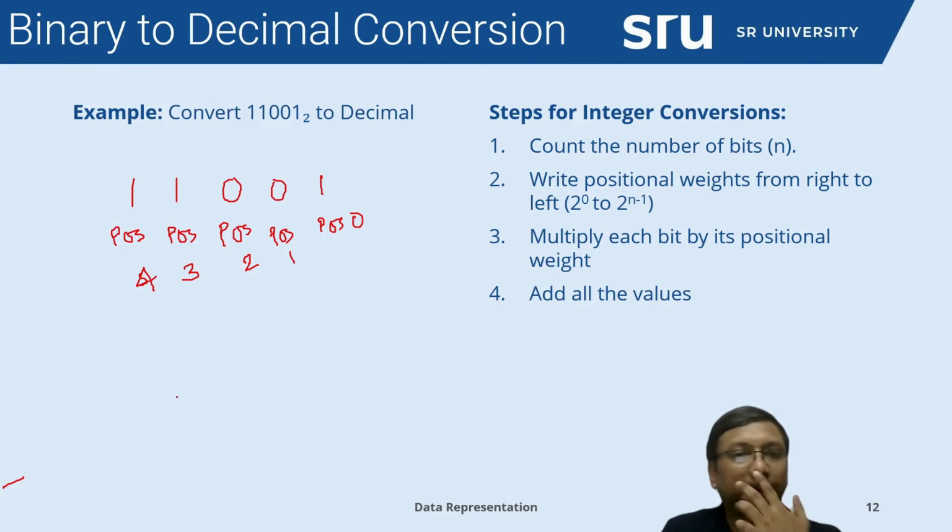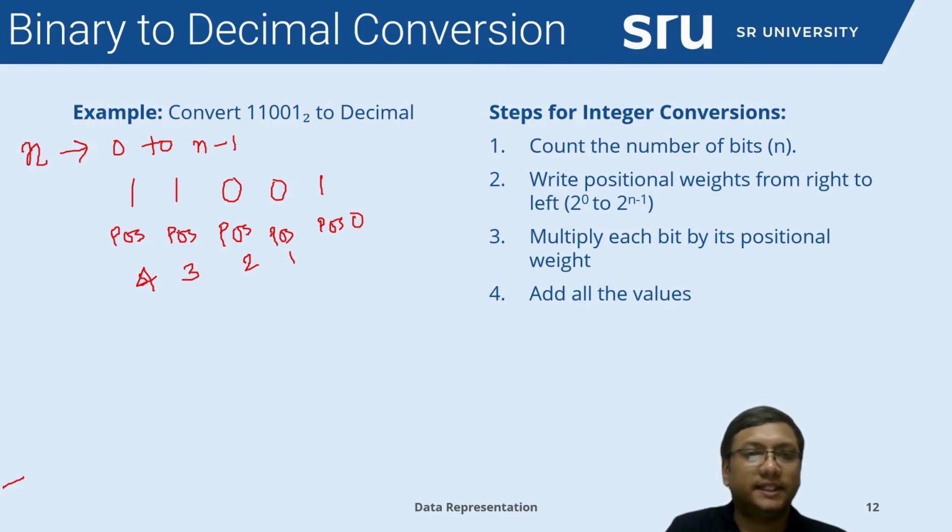Okay, so that is why if the total number of bits is n, the positions are actually 0 to n minus 1. So this needs to be very clear first.